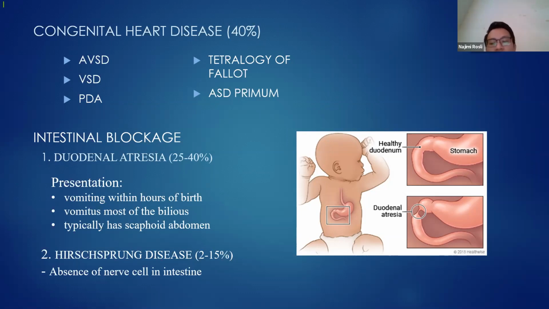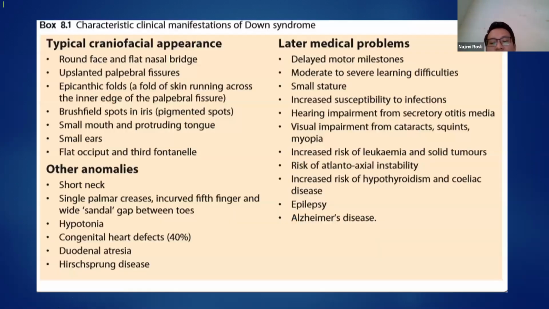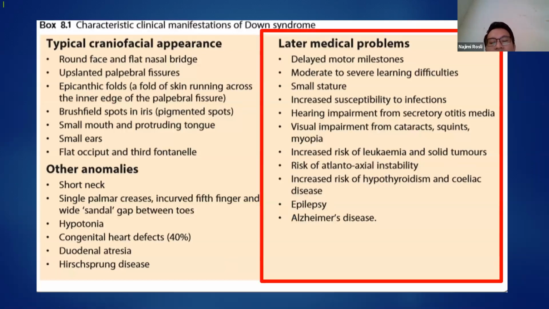And later, they can also develop problems in other systems, such as for CNS, they have mental retardation, they also tend to have early Alzheimer disease, and also have hearing impairment.